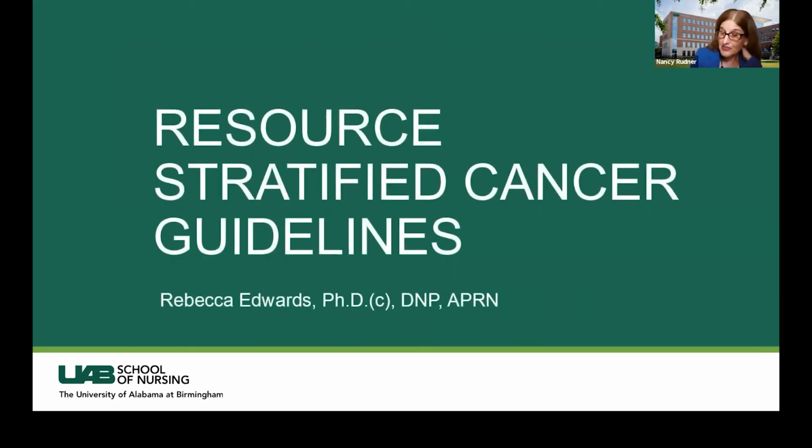We recognize, though, especially with the predicted increase in cancer, the need to have guidelines that take into account the reality of the resources available in each country. So oncology organizations have developed resource stratified cancer guidelines.